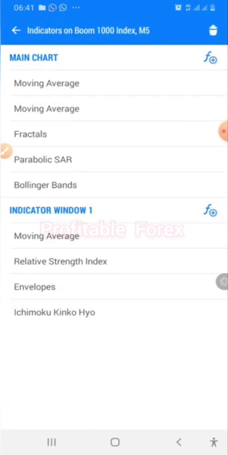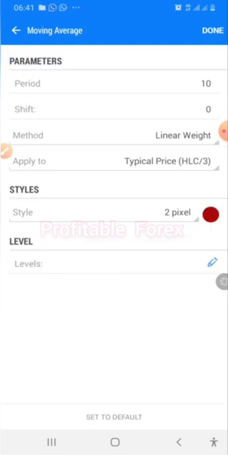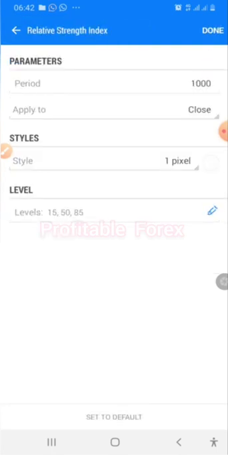So at the indicator window, we have the moving average, period 10, shift 0, method linear weighted, apply to typical price, 2 pixel, and the color is red. There are no levels, so click on done. Next is the RSI, the relative strength index.